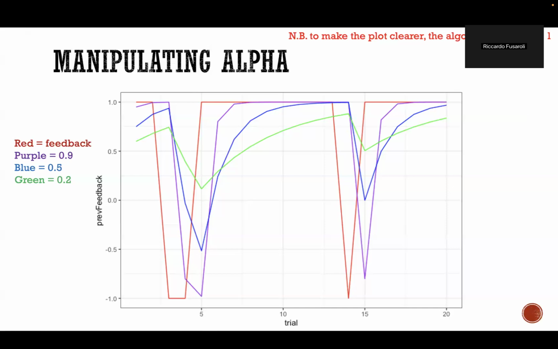It takes a long time to get to maximum expected value or minimum expected value. Does this make sense? It gives you a good conceptual grasp of the algorithm?